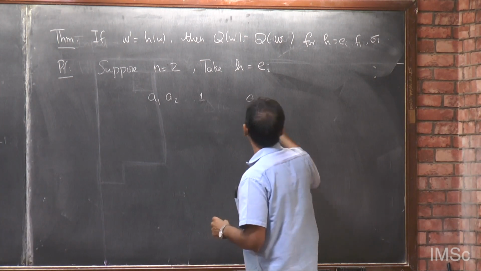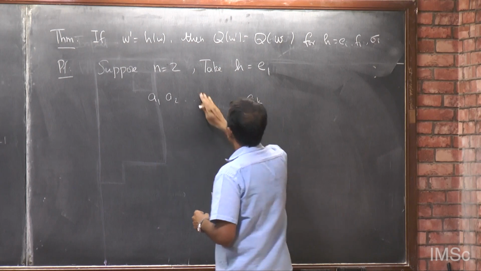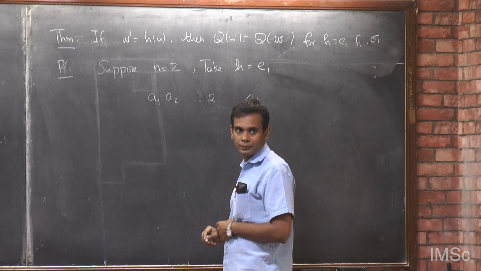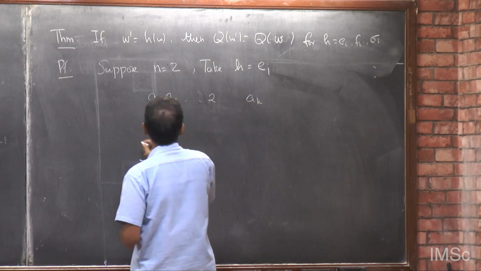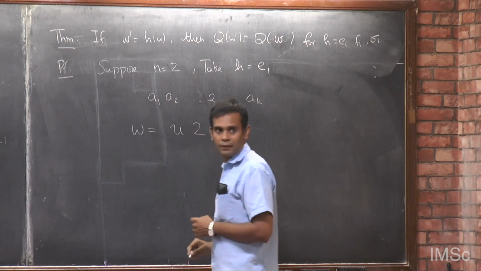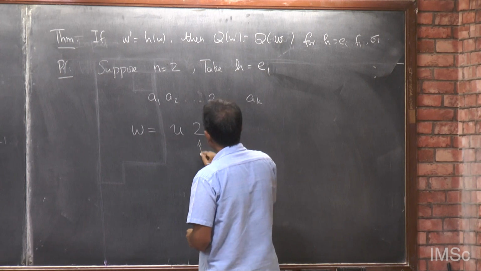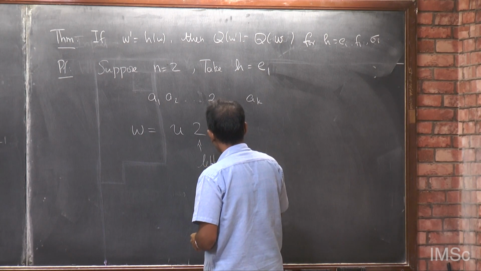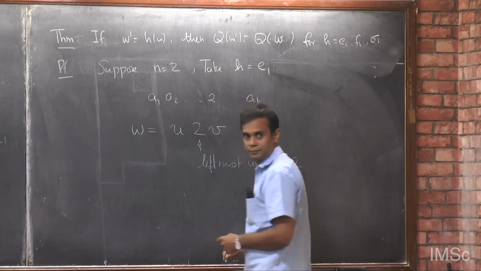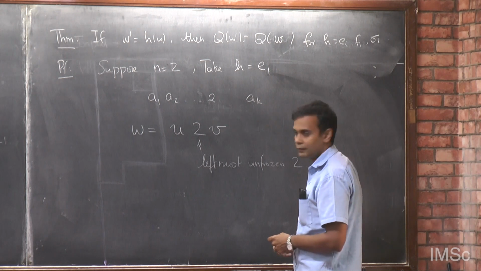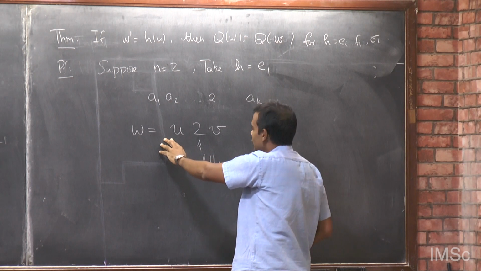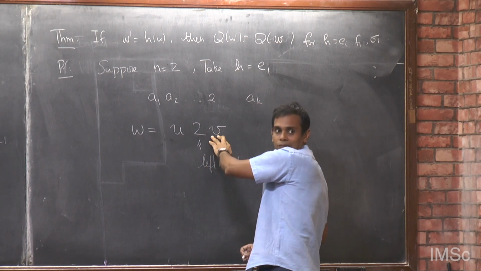I is 1. So, you will have this first unfrozen 2, right. So, your word W will be of the form U 2 V, where this 2 is the leftmost unfrozen 2, and all the 2's to the left of this are frozen, and all the 1's to the right of this are frozen.